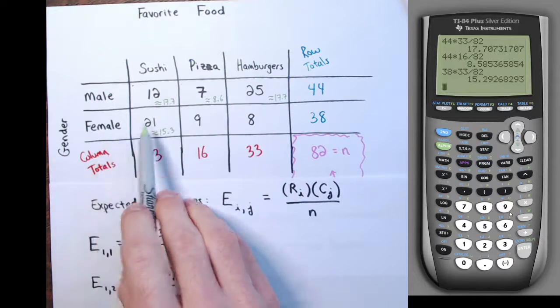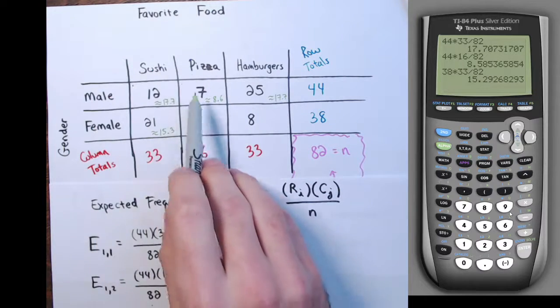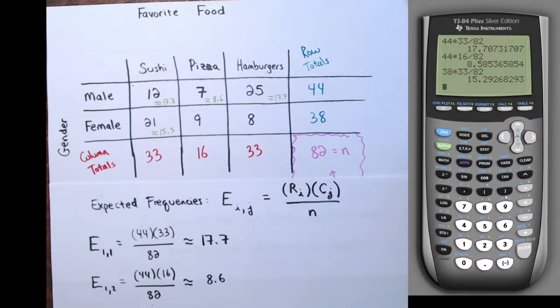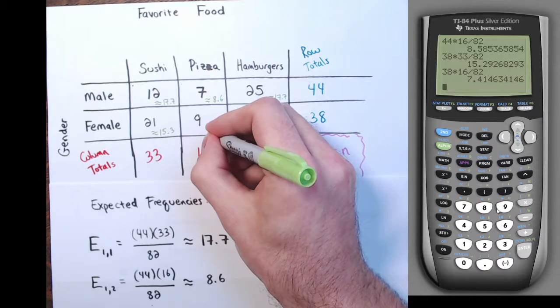Then for the females who prefer pizza, 38 times 16. So I'm just going to change that 33 to a 16. 38 times 16 divided by 82, so approximately 7.4.